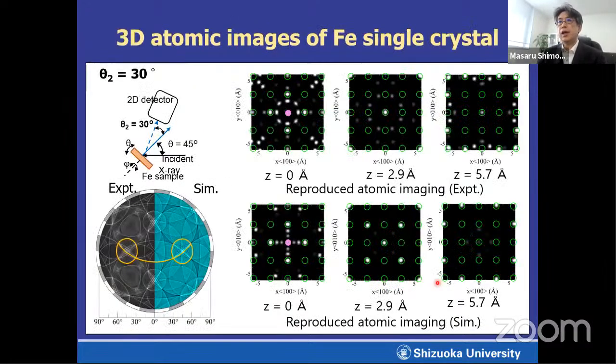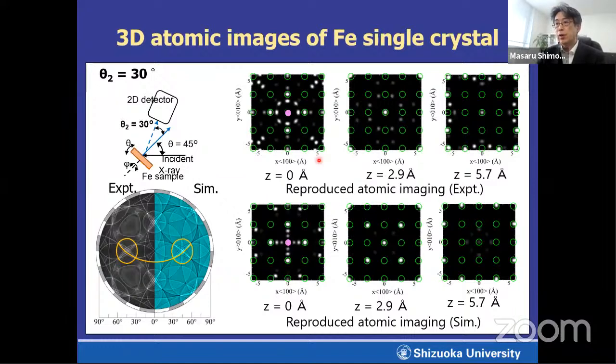So they are the 3D atomic images of iron single crystal. The above three images correspond to the experimental data sets. The green circle corresponds to the ideal bulk Fe atom position.